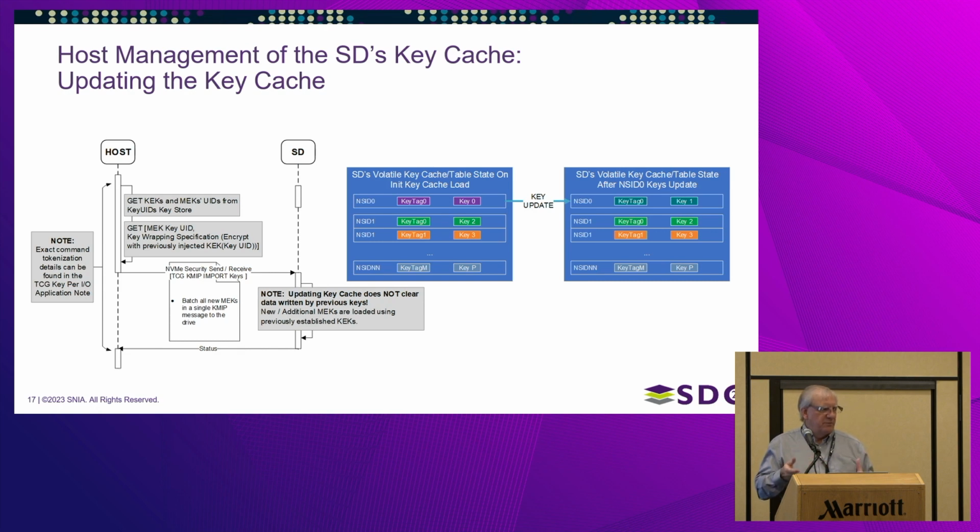Part of it is driven by how many namespaces you are going to support. If it's a single namespace, it kind of looks like a self-encrypting drive. If you broke it up into 1024, it still looks like a self-encrypting drive, but that's a small number of keys. It's these environments where you've got a bunch of VMs that are doing something exotic where it starts getting kind of interesting.